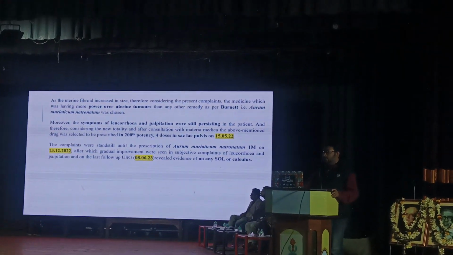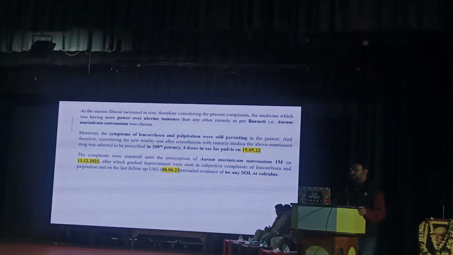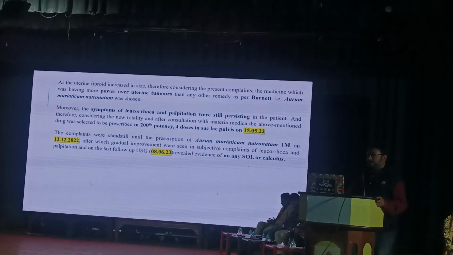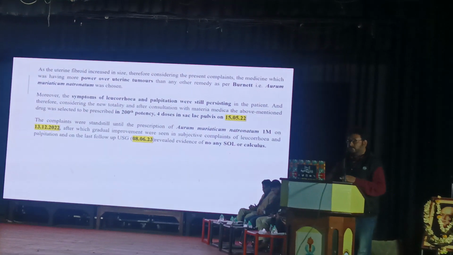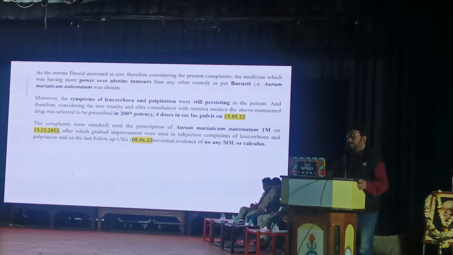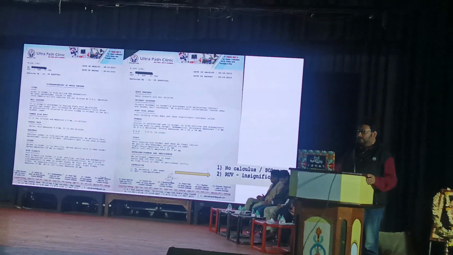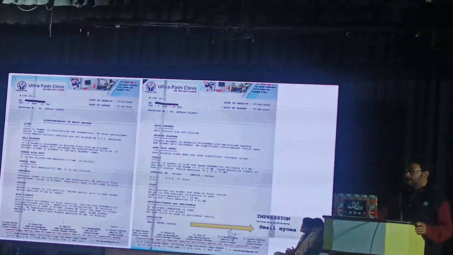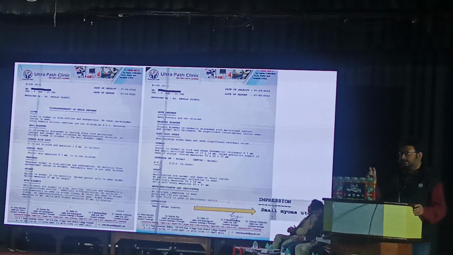Okay, so I went with this long series until the 15th of 2022. The year 2021 was totally covered with Sepia, and in the middle of 2022, another USG was done, and in that USG, unfortunately, it was found that the uterine myoma was still there.